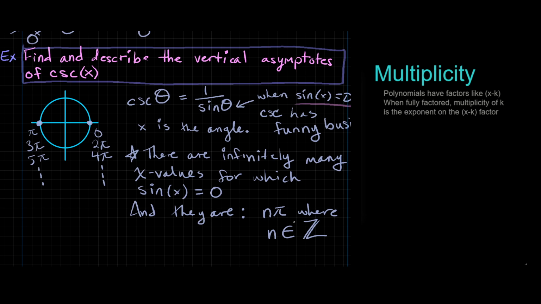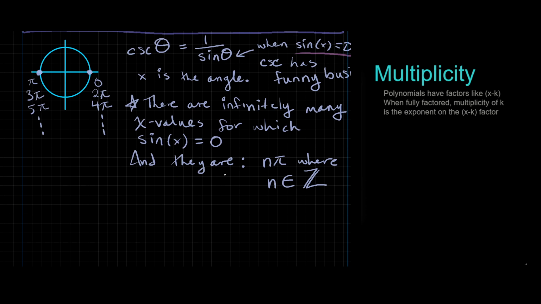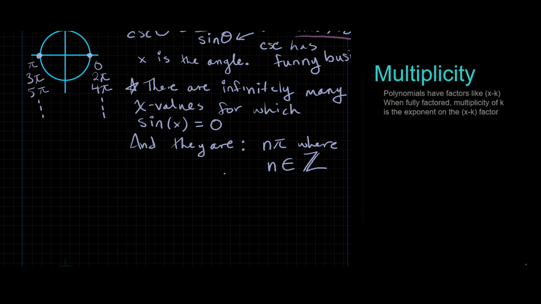Now, the behavior at all of those possibilities is actually going to be dependent on whether n is even or odd. Let's suppose n is even. Then let c be n times pi.